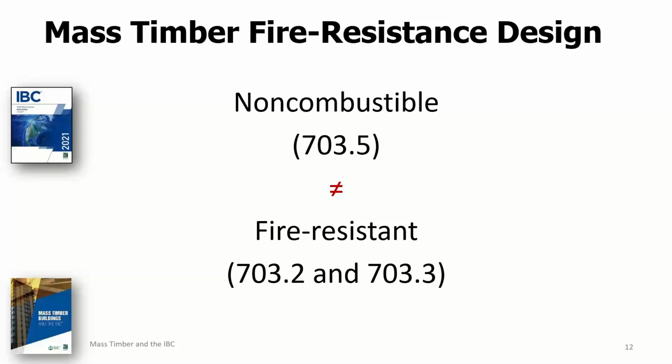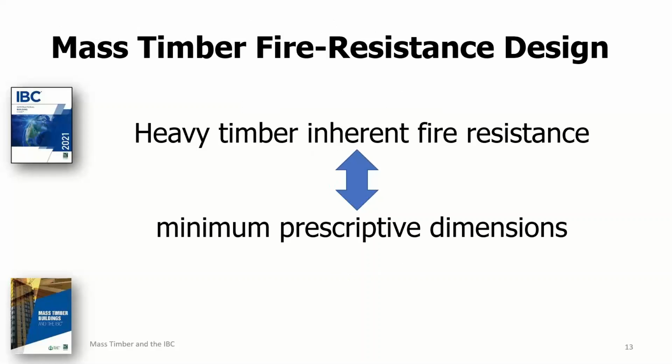Large cross-section timber elements have inherent fire resistance, even when exposed, owing to the strength that is retained within the relatively cool core and the insulative protection provided by the char that's surrounding it. So these mass timber elements can be designed to provide a prescribed level of fire resistance as either exposed members or with the added help of non-combustible protection applied to them. And we'll get into much greater detail on that concept in just a little bit.